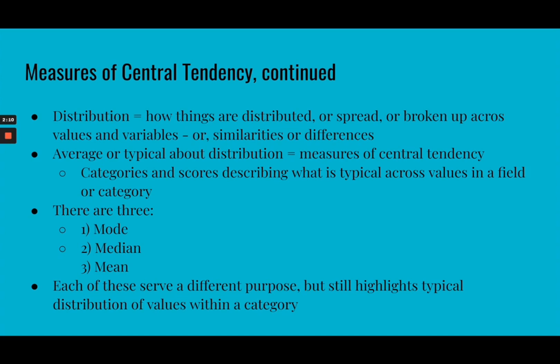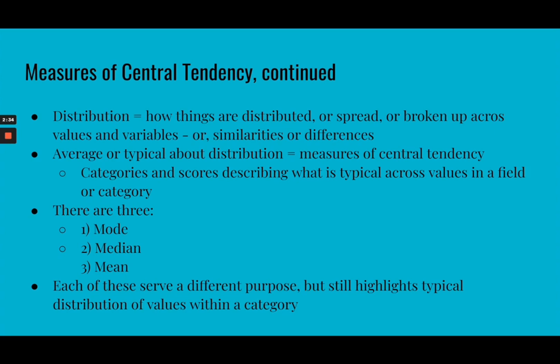For the measures of central tendency, what we're looking at is basically the average or the typical, what's average or typical about the distribution. Thinking about central tendency: central, where is that middle point, and tendency, what does it tend to do? That's the average or typical patterns or trends happening with the data.